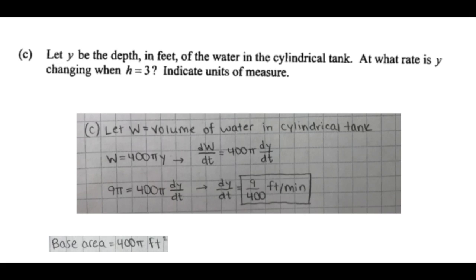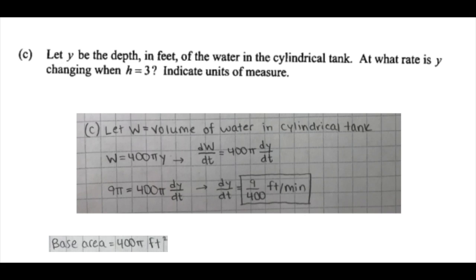So we can use previous knowledge that the rate of water dripping will be what we found in the previous problem. So we know the volume of any cylinder is going to be pi r squared times height, and we're given that height is equal to y and base area is equal to 400 pi feet cubed.